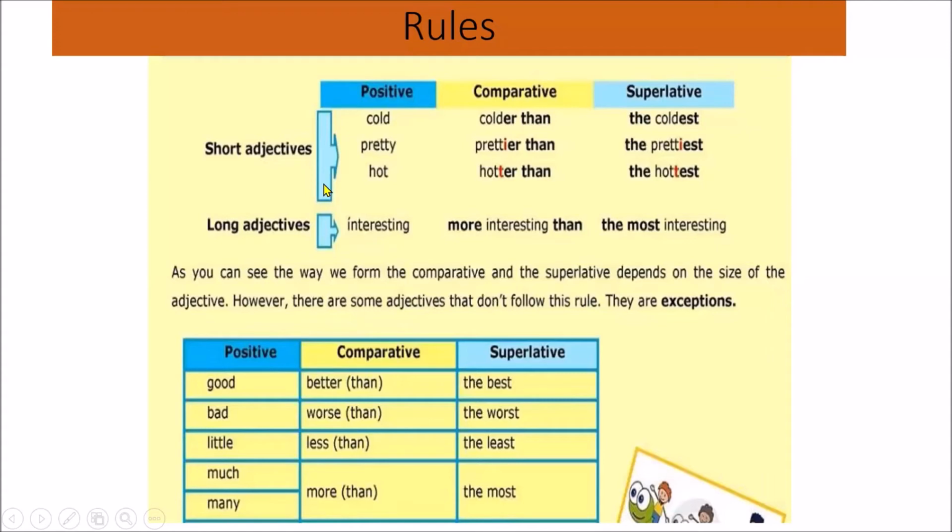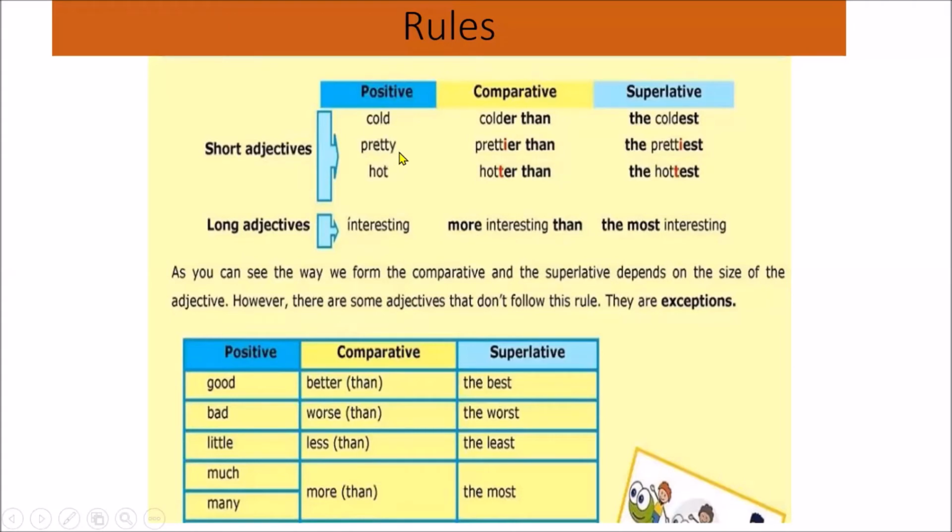As you know, the comparative is followed by than, and the superlative is preceded by the. So if the adjective ends with a consonant sound, the comparative takes ER and the superlative takes EST. So cold becomes colder, the coldest.